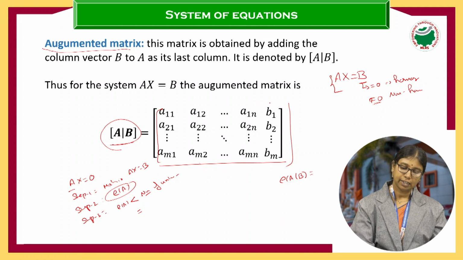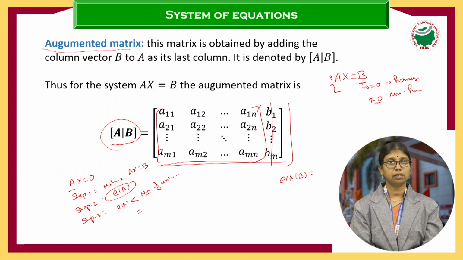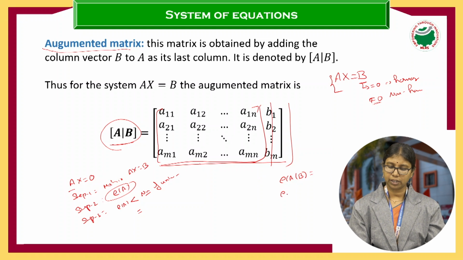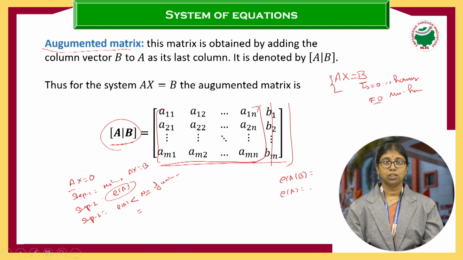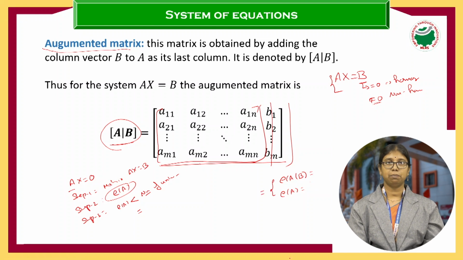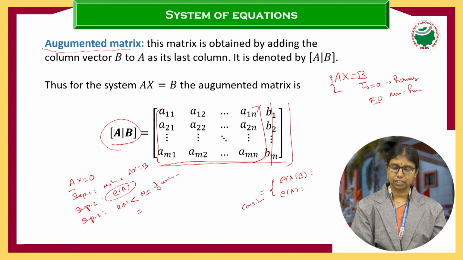Similarly, you can neglect this B column and take only the matrix up to A. Up to A, here also you will get upper triangular form. You can convert the lower diagonal values to 0. That means you can take the rank of A also. If these two ranks are equal, that is, if rank of A given B is equal to rank of A, then the system is consistent.